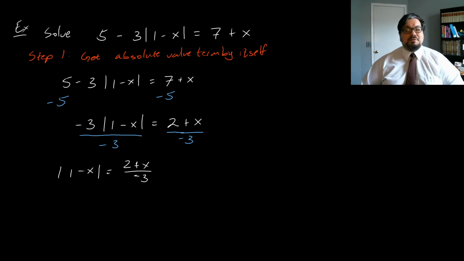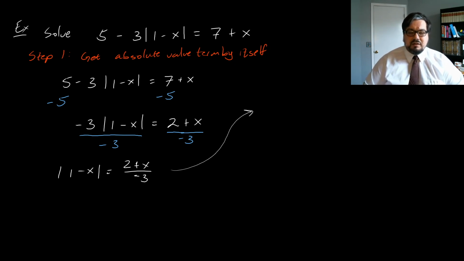Once you get the absolute value term by itself, then you can split up your problem into two separate ones. So from here, we get that if the absolute value of 1 minus x is equal to 2 plus x over negative 3, this means that either 1 minus x is equal to 2 plus x over negative 3, or 1 minus x is equal to the opposite of 2 plus x over negative 3.